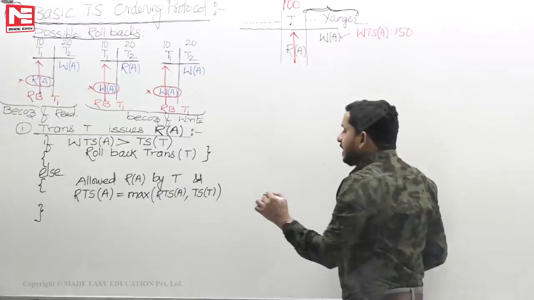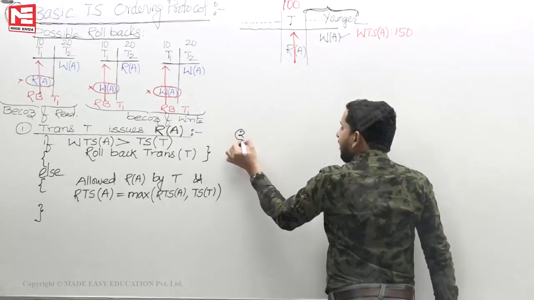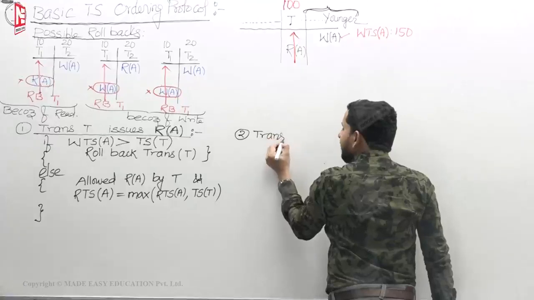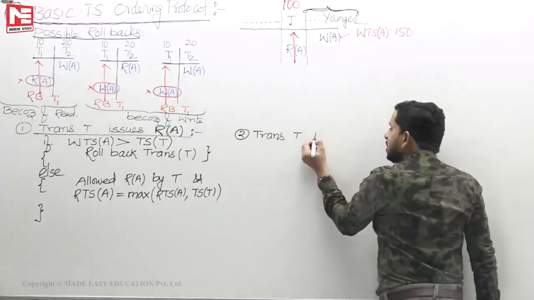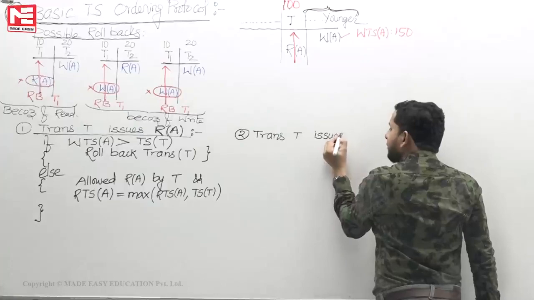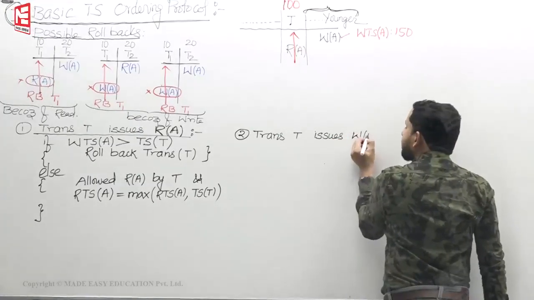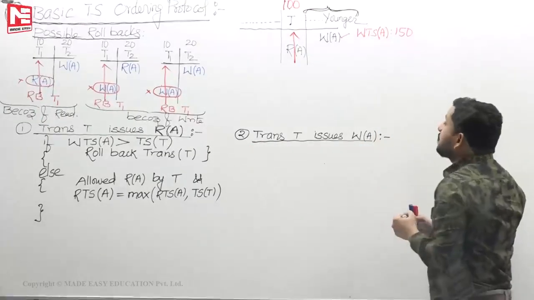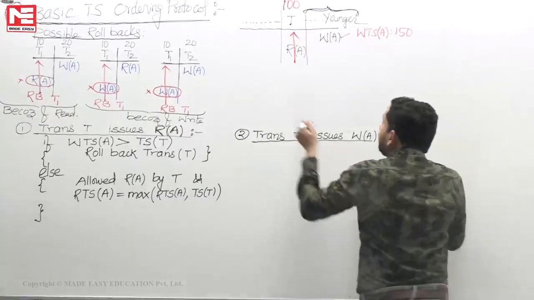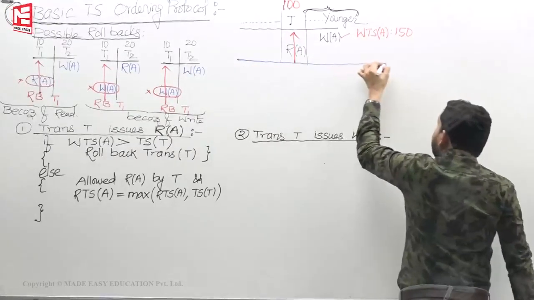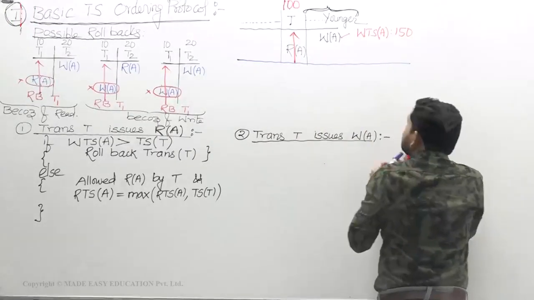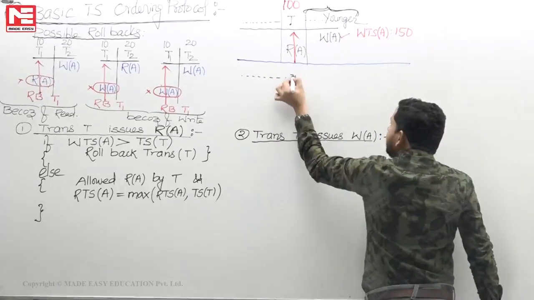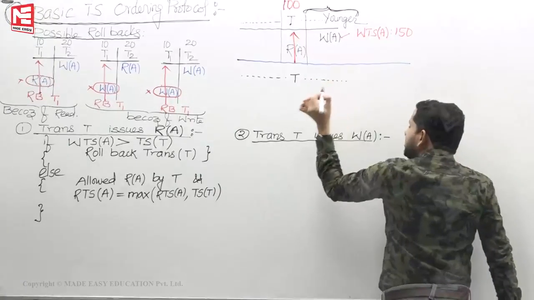Okay, then the second protocol condition. Assume transaction T issues write of A. Transaction T is requesting write of A. Let us consider a similar scenario: some transaction T, and there are some younger transactions also.